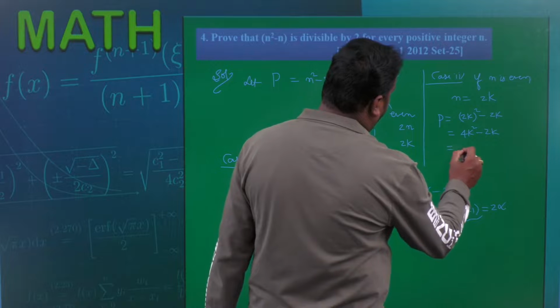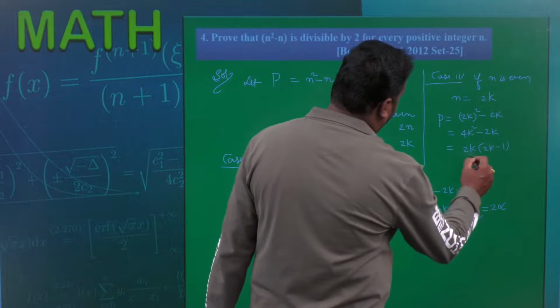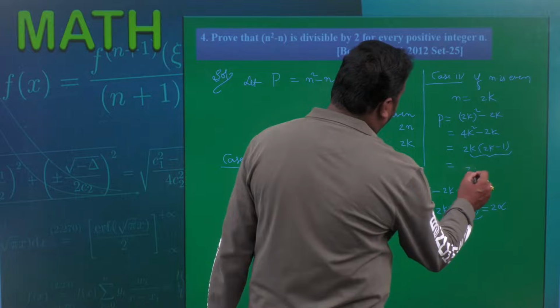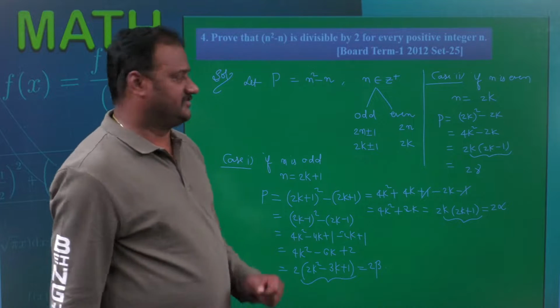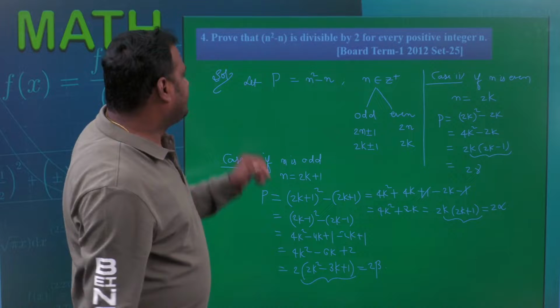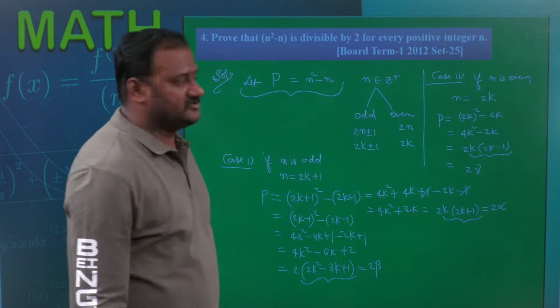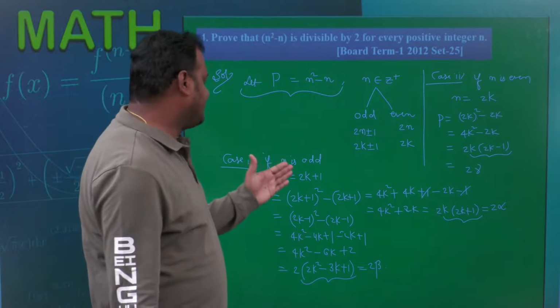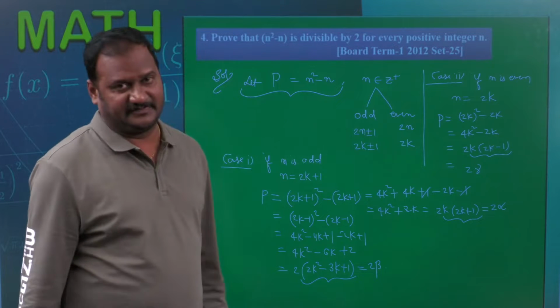Totally I can take one 2k common, remaining 2k minus 1. So it is 2 into some gamma, which is divisible by 2 because it is 2 into something. Therefore n square minus n is always divisible by 2, whether n is an even number or an odd number.